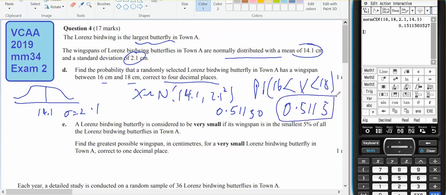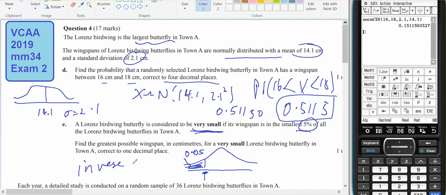Okay, E, the birdwing butterfly is considered to be very small if it's in the smallest 5% of all bird wings. So I'm looking for the smallest 5%. Find the greatest possible wingspan, so I'm looking for this value. So I'm going to do an inverse normal.